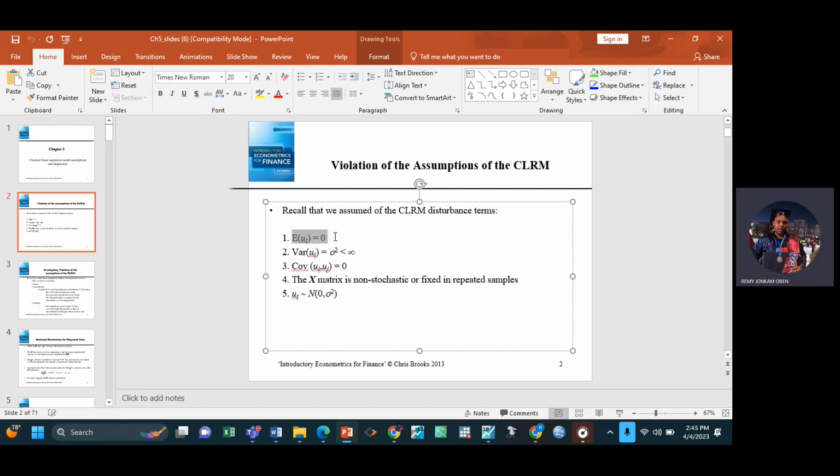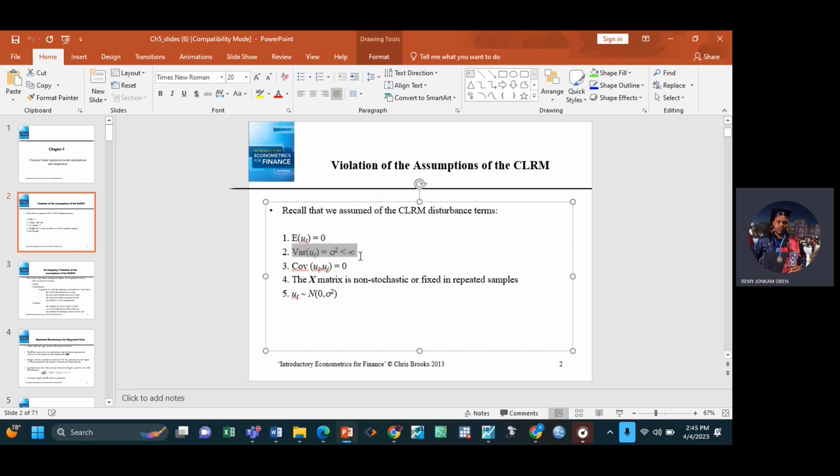Does it mean the value of the error term will always be 0? No. You will have some positive values and some negative values, but they cancel each other such that on average it should be 0.